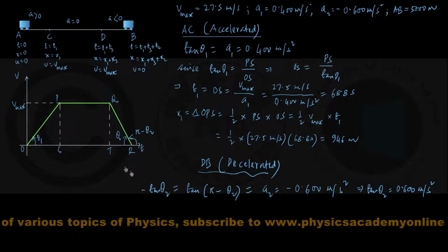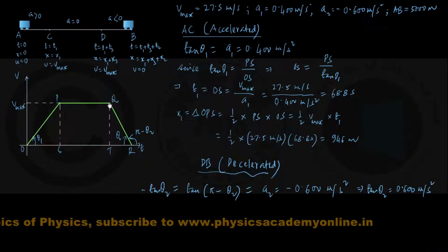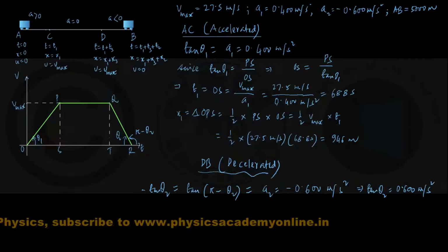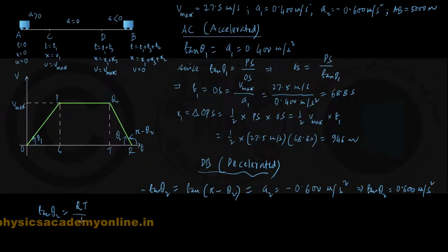Now, keeping this in mind, we also note that in this right angle triangle QTR, we might write down that tan theta 2 is perpendicular QT divided by the base, that is TR, and therefore I am getting from here that the length TR, which you understand represents T2, the time of travel from D to B, decelerated motion.